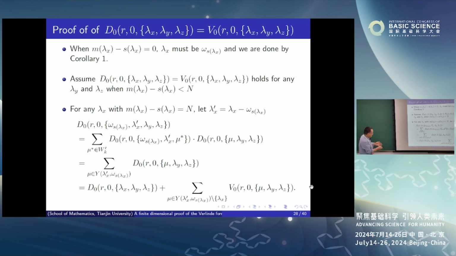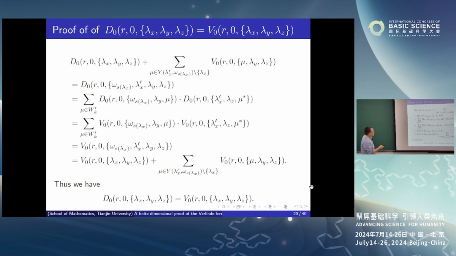But I can compute this in another way. Namely, on this side, I put these 2 in that group, these 2 in another group. I again use the recurrence relation. Then this we already know, so I get this.